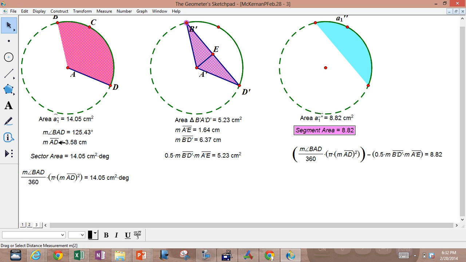The sector is a fractional part of the entire area, and the triangle area by usual means is half the height times the base, but look for those special right triangles in there. There you have it, our discussion of sectors and segments and how we find their area, thanks to a nice job that Pat McKernan did for us. Okay, there you go.